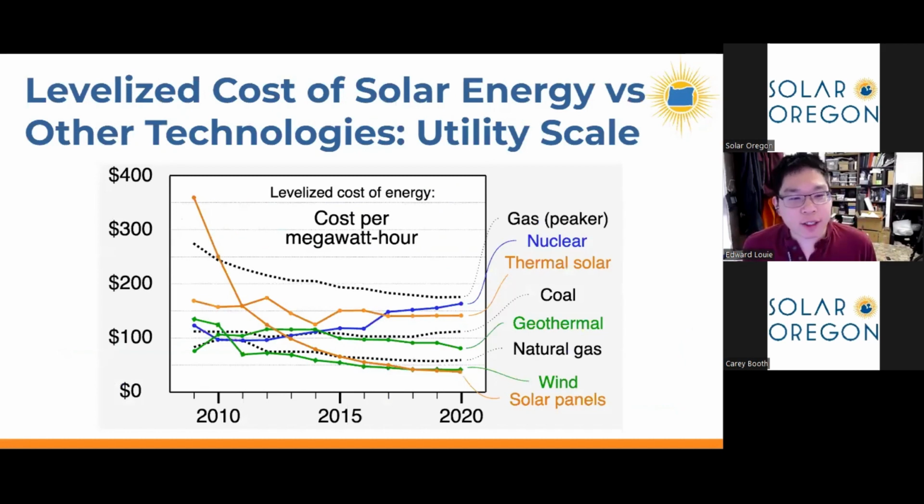That concept of levelized cost of energy, the utility constantly tracks these things. This is a National Renewable Energy Lab graph, and they've shown that solar is in the $40-45 per megawatt hour range. That's cheaper than the previous slide, which is what I came up with.